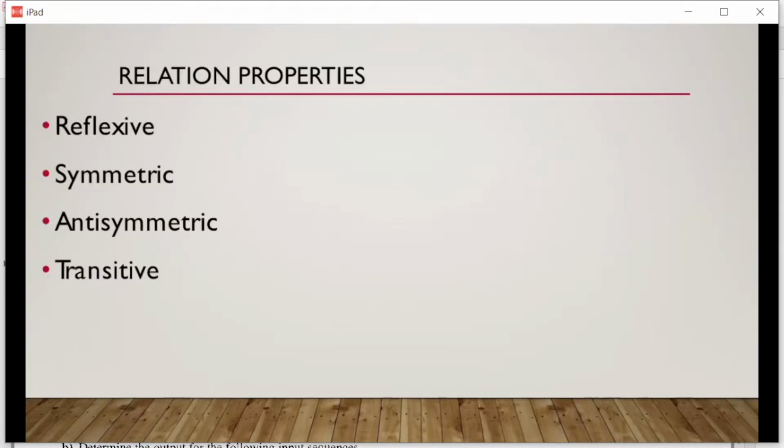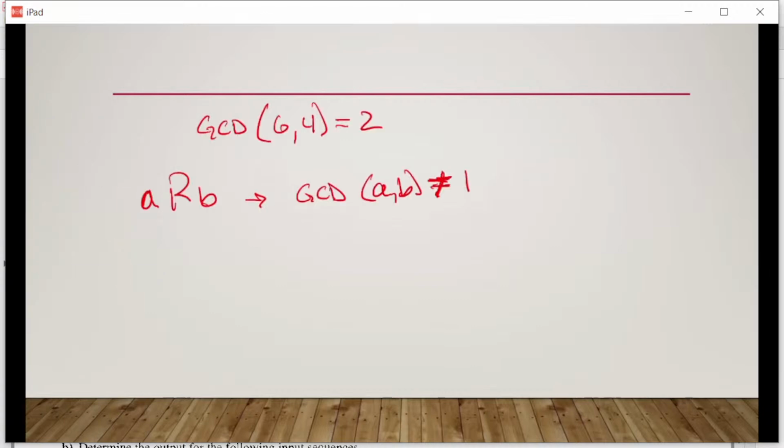Okay, but getting back here, reflexive, symmetric, anti-symmetric, and transitive are properties that we're going to talk about in regard to relations. That would mean that 6 is related to 4, but 6 is not related to 7, if we're using this as a relation.